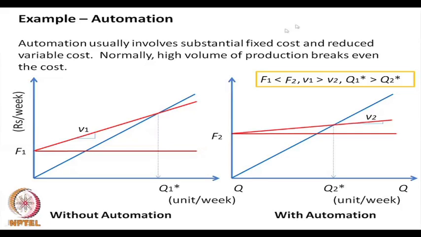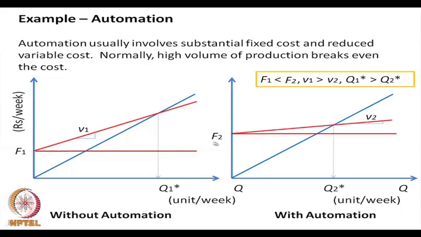We will show this in the form of two figures. Let us say that this is when it is not automated. In this case, we are assuming that this is the fixed cost and this is the variable cost. Now, when we go for automation, normally more fixed cost is required.